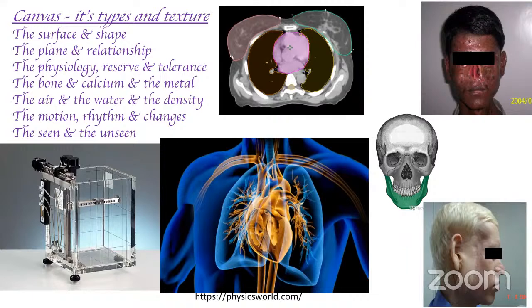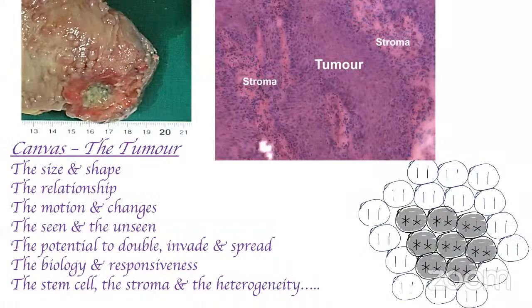If you have not understood, then it is impossible to reach this level where you're talking about more fancy planning. And not only that, in terms of radiobiology, you have to know, when we talk of treatment planning, that the tumor is not homogeneous. It has stroma, it has tumor cells.